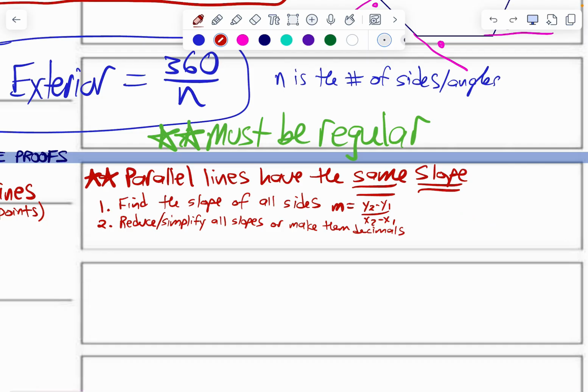Okay, so let's write that. Divide top by bottom. Okay, and then your last step, obviously, if it's same slope, sides are parallel.